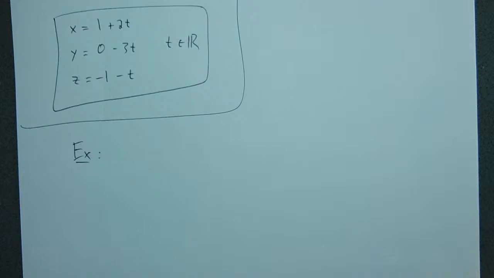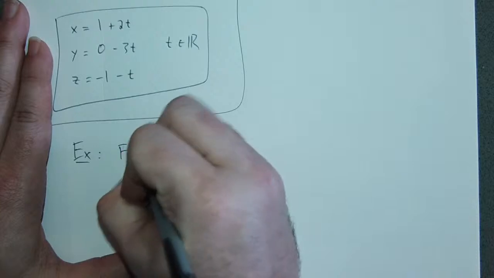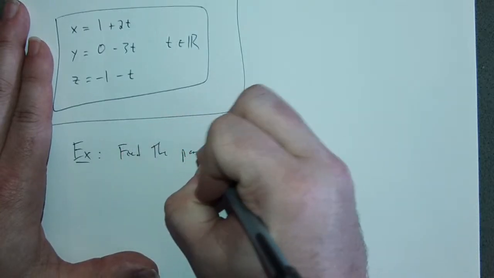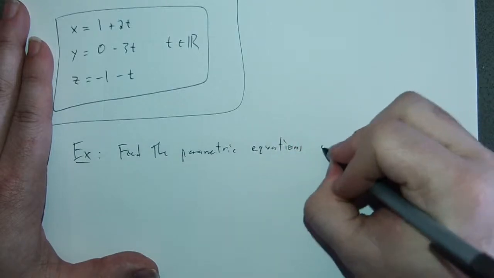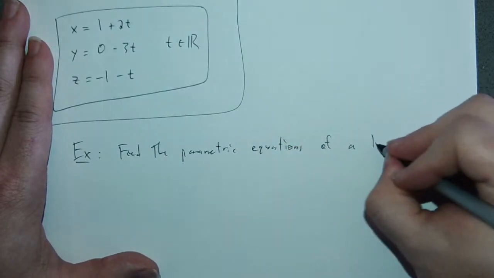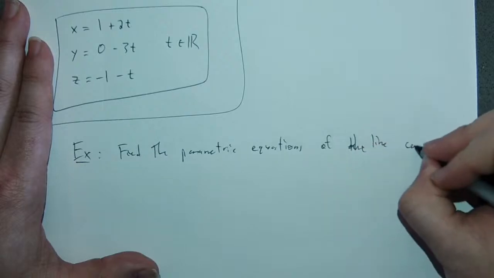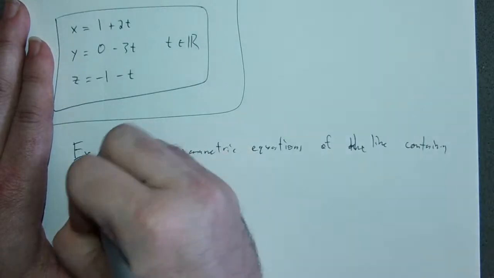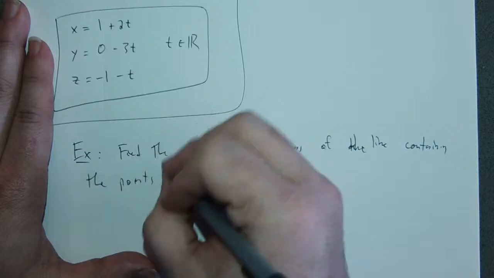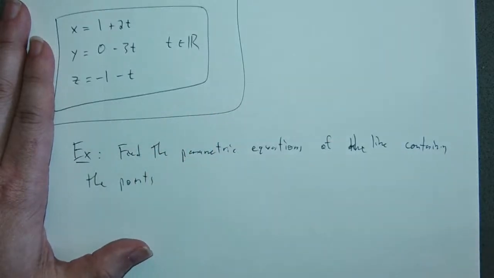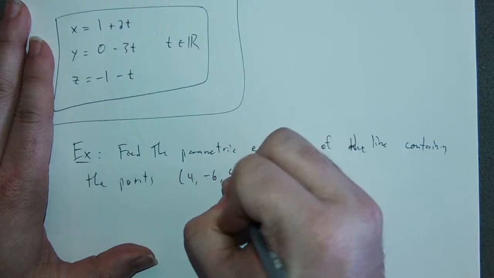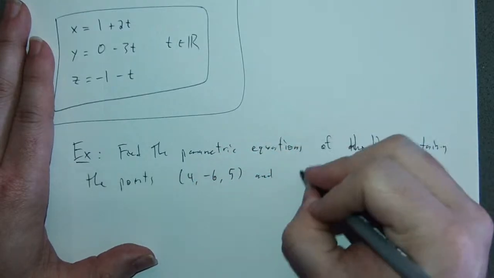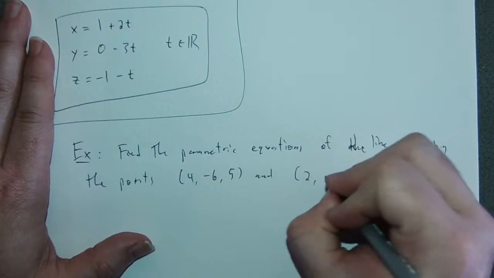So for instance, how do I use this to find the parametric equations of the line containing the points (4, -6, 5) and (2, -3, 0)?